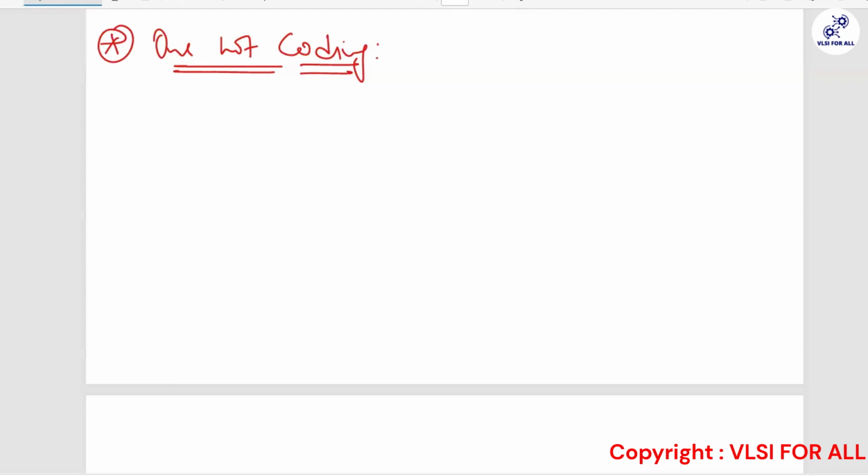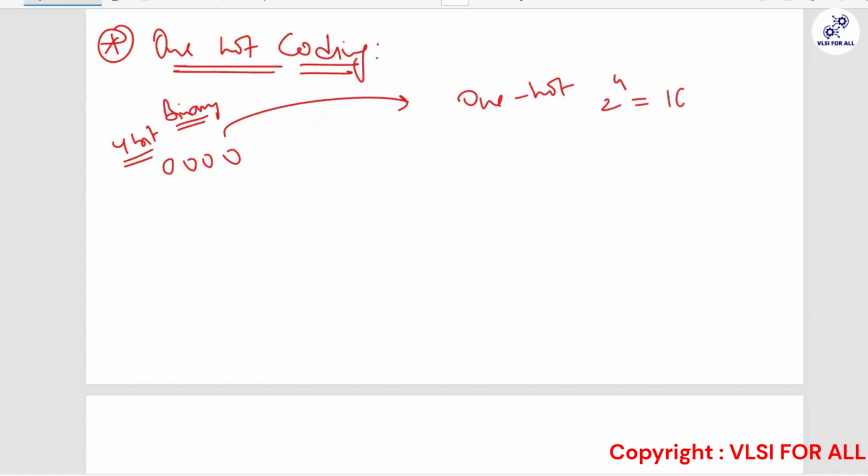Okay. So in one hot encoding, let's say you have 4 bits of data. This is in binary. So in one hot, how many bits will be there? There will be 2 power 4, 16 bits. 16 bits will be required.